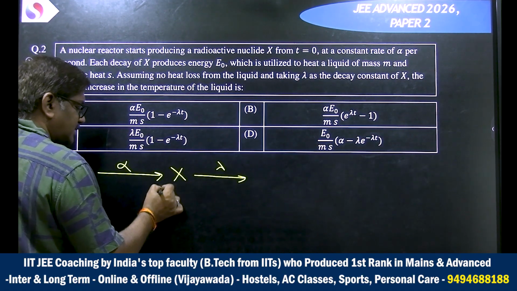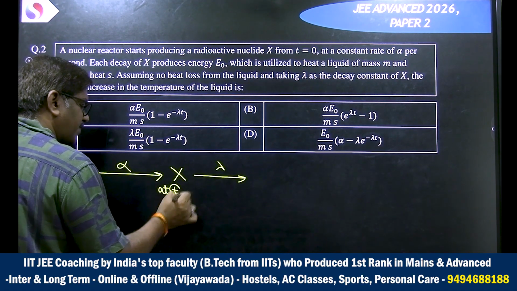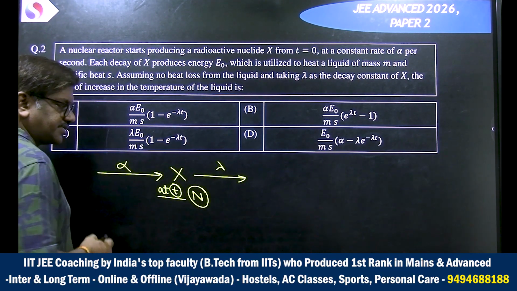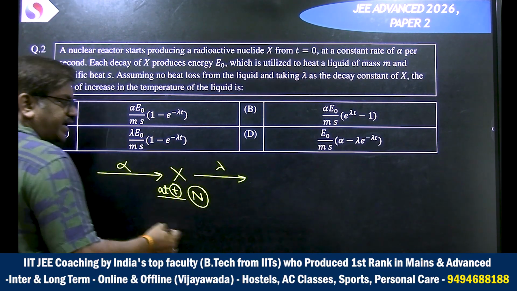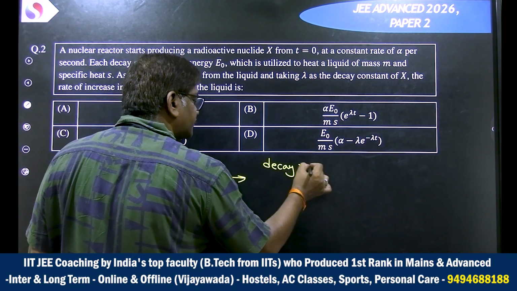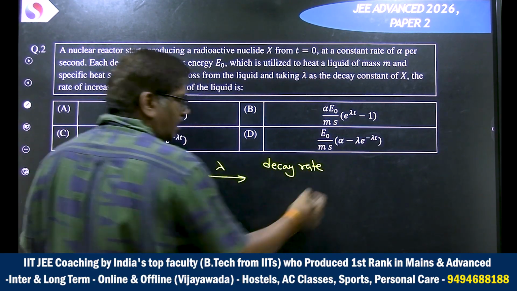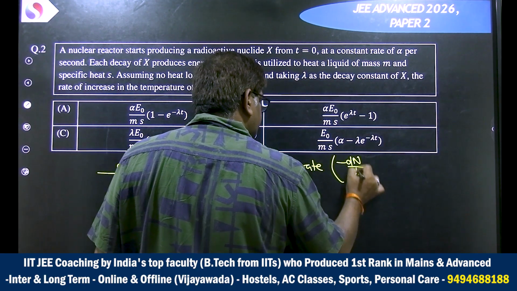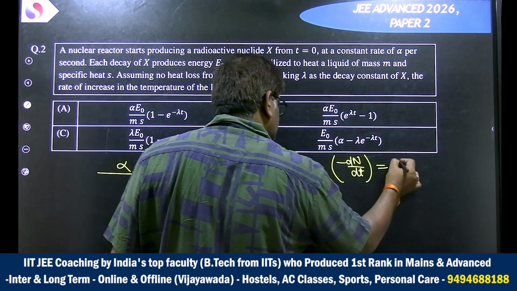So suppose at some instant, at some time t, I am assuming that there are n number of nuclides of X. That means what will be the decay rate of X? That will be minus dn by dt. That is the decay rate. That will be equals to lambda n.